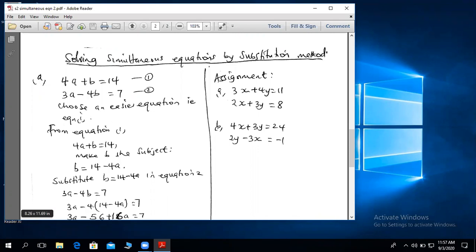And there we go. We have 3a. I hope opening brackets is not a problem. 4 times 14, check your calculators, mine gives me 56. Then 4 times negative 4a, the answer is negative 16a. You see, I had also made a mistake, but for you, you are not allowed.